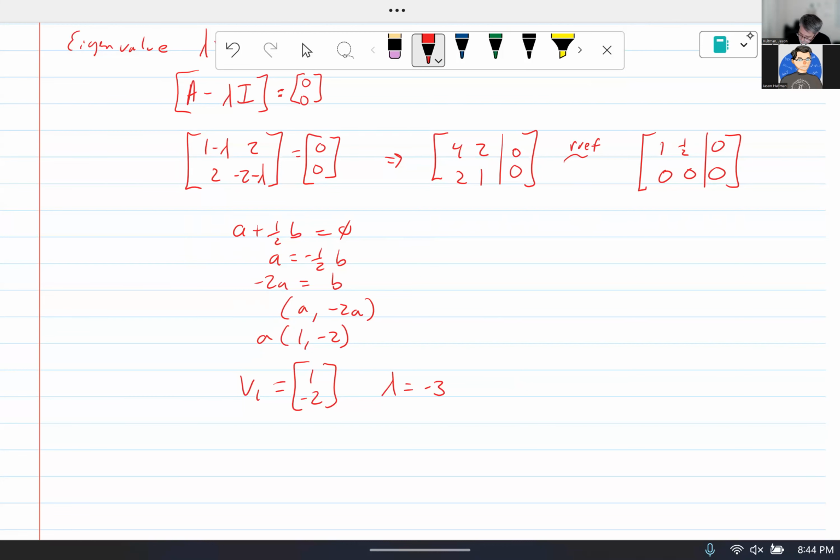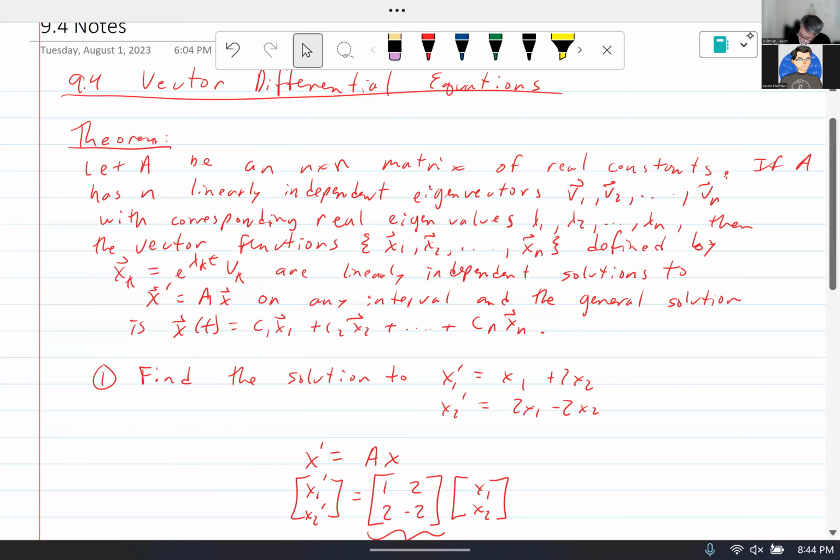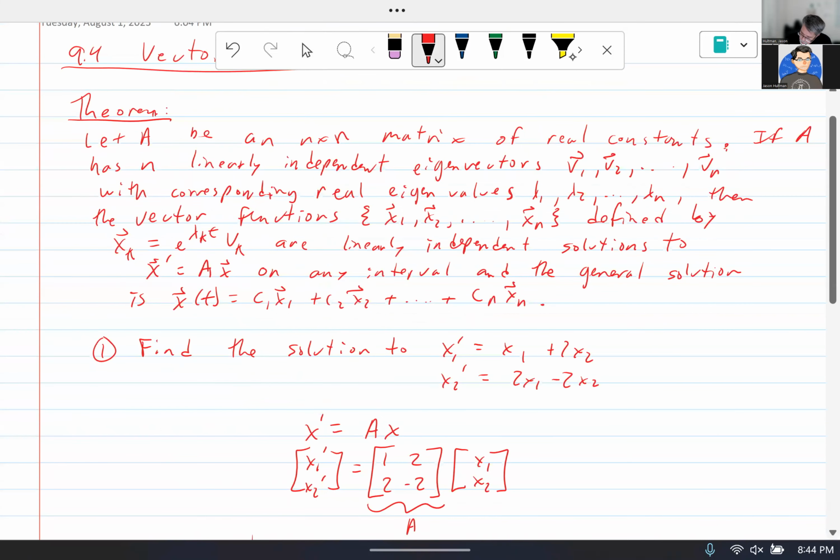So this tells me from my theorem above that x1 is equal to e to the -3t times my vector 1.